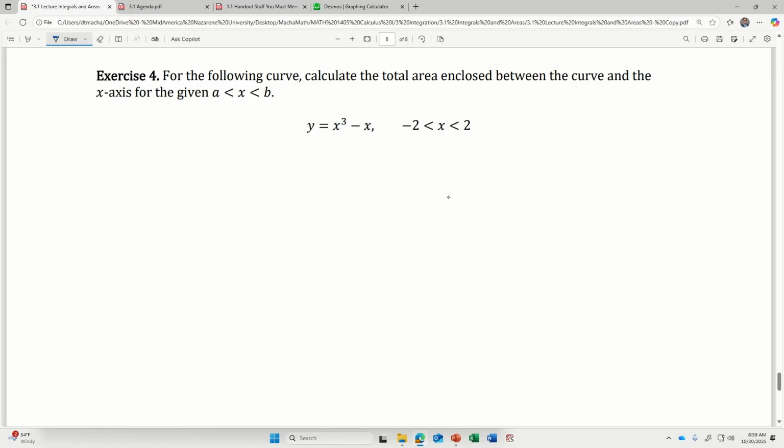So if I want the total area, I can tell you right now that this is going to give me 0 as an integral, and that is not the correct answer. There is more than 0 area between the curve and the x-axis. So that's not going to work for us. We've got to be a little bit smarter about how we do something like this.